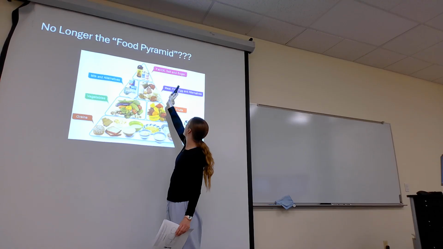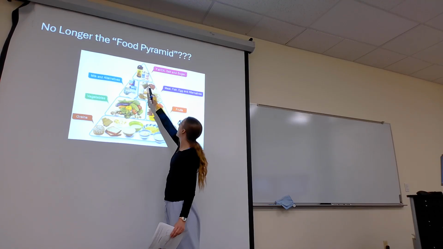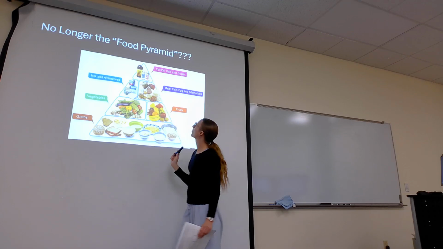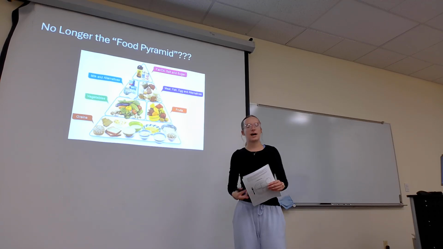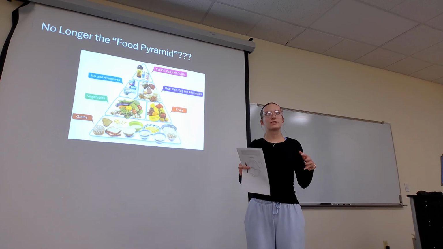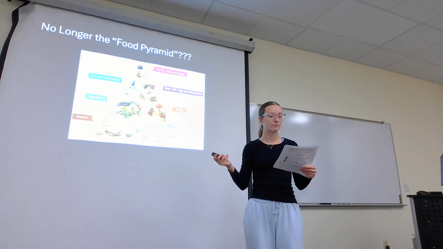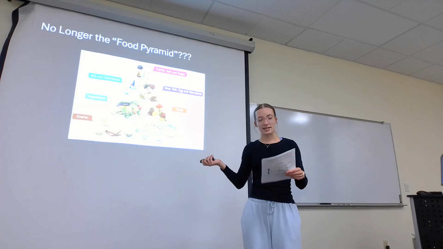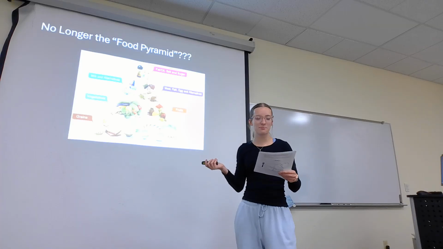And then meat, fish, egg, and alternatives over here, so a lot of protein. And then way up there is fat, oil, salt, and sugar. So that's what the food pyramid was, which was the ideal healthy diet that people would reference back to when they were trying to create their own healthy diet. And again, this was 1992, so maybe this isn't typical of now in 2025.